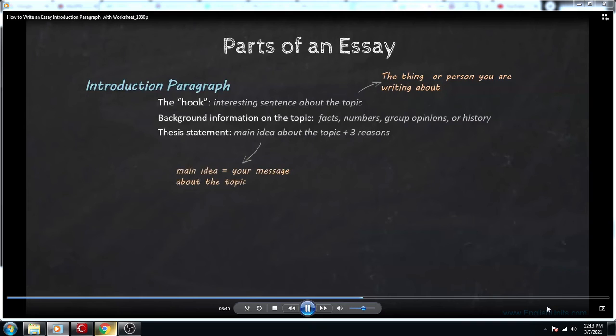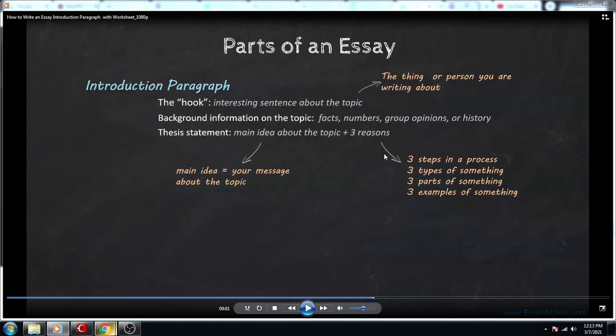The main idea is your message about your topic, and sometimes instead of 3 reasons, you'll need 3 steps in a process, 3 types of something, 3 parts of something, 3 examples of something. And whether you need reasons, steps, types, parts, or examples depends on your topic and your main idea.